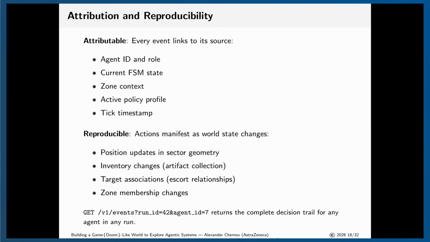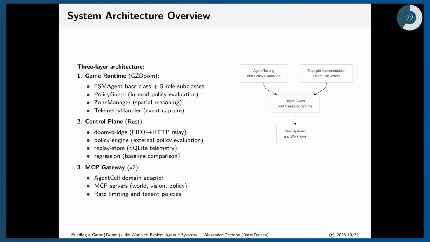So we have attributes, and we can reproduce actual behavior. The game's changing, yes, this is correct, and obviously we'll have different responses, like looking to the LLM. We can retrieve different responses depending on what we see and what we cannot see. But what kind of policy we're applying and what kind of scenario we want to execute is always the same. And it's all exposed through the REST API, and we can retrieve it.